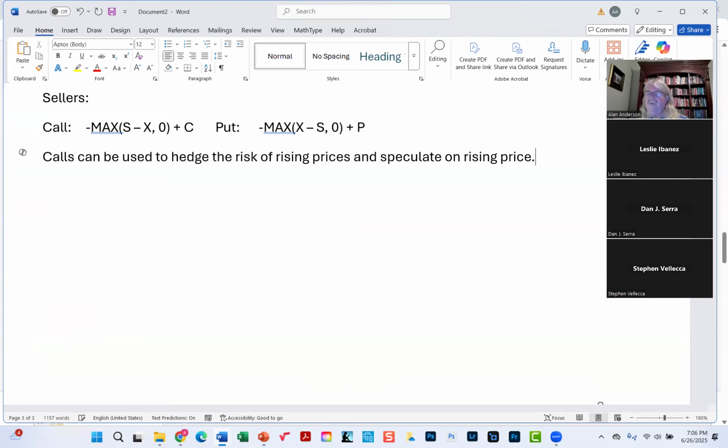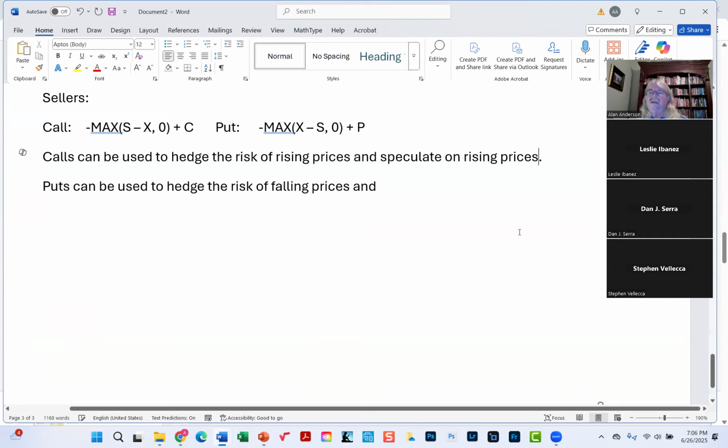In other words, you're betting on rising prices. Puts can be used to hedge the risk of falling prices and speculate. In other words, you'll make money if you buy an option and the price goes up, even if you don't really want to buy that asset, you'll still make money from your option.